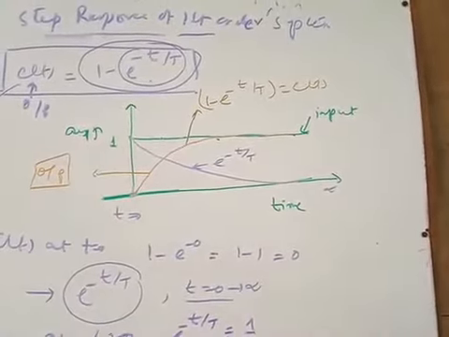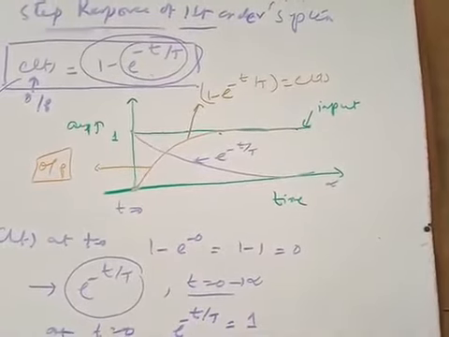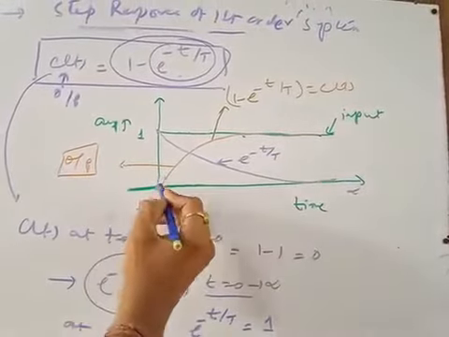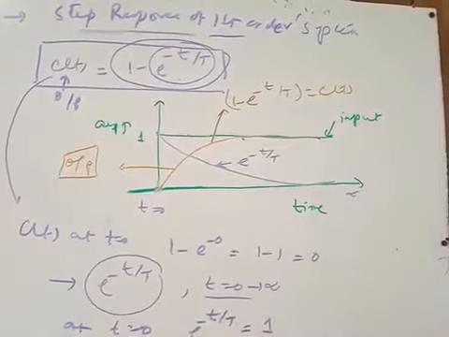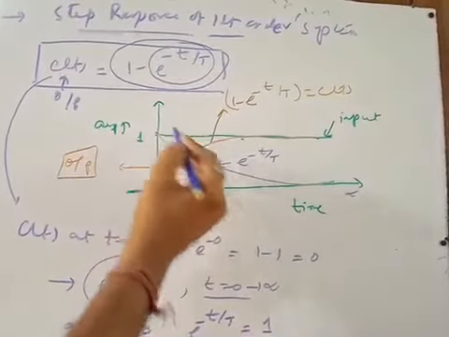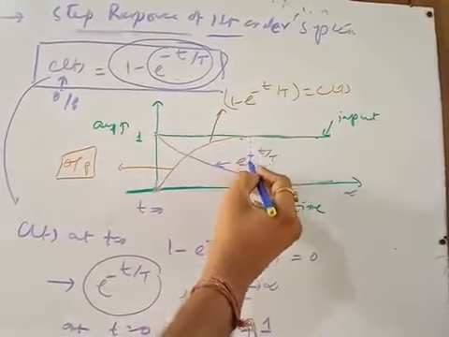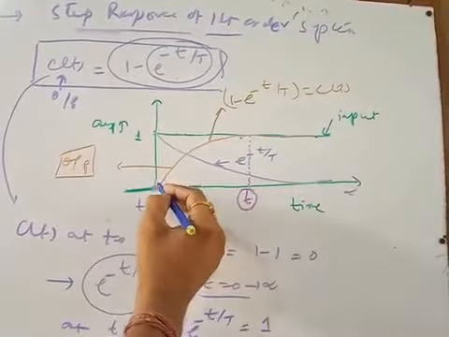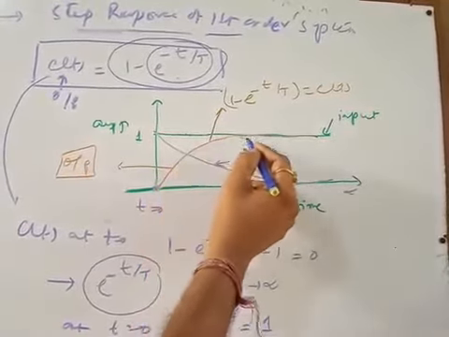Now what conclusion can we draw from this? Initially, when the system is switched on, the output curve is not exactly the input curve. After a certain interval of time, this curve is gradually reaching the input.